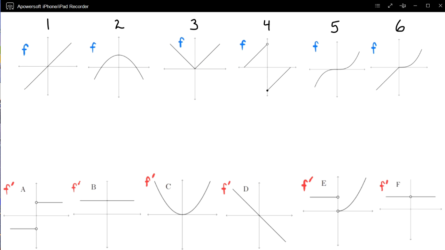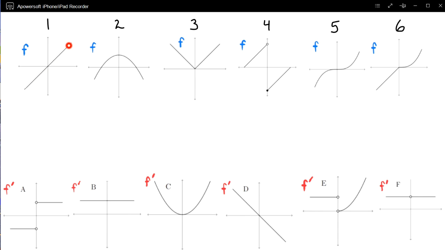Here we're going to be taking a look at some matching situations and trying to determine what the derivative graph would look like based upon the original. And so on the original for number 1, what we know about this is that our slope is the same value everywhere.